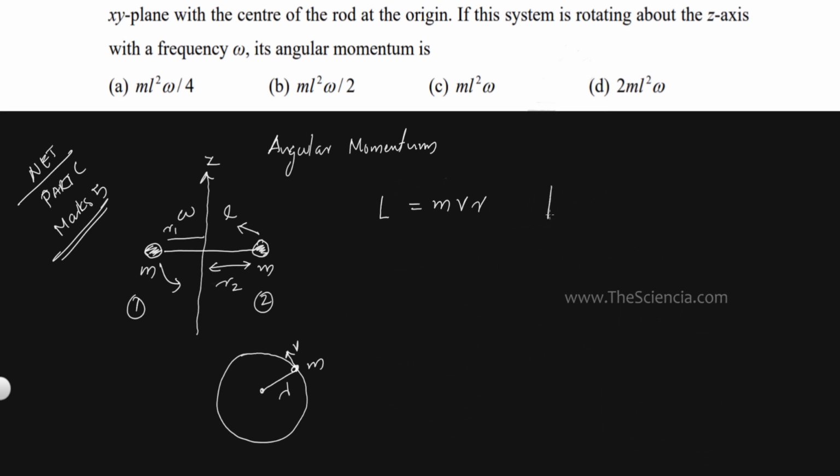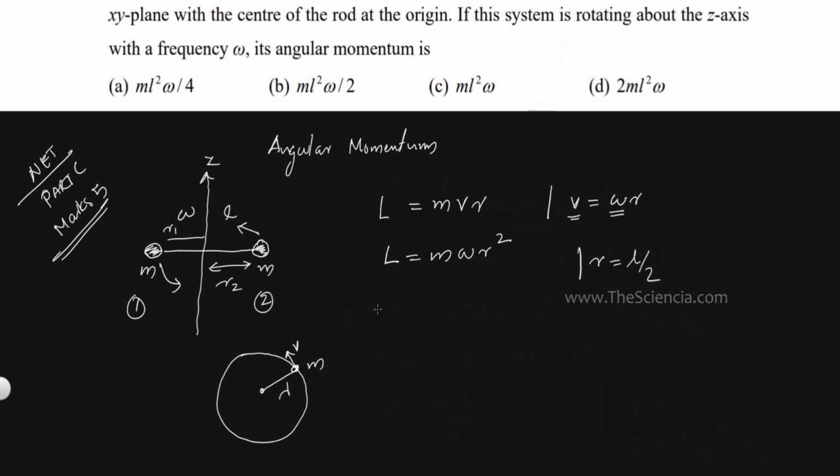Here v is equal to omega r, the relation between angular velocity and linear velocity. So we can replace v by omega r, that is L is equal to m omega r square. In this specific problem, the given r value is equal to L by 2.